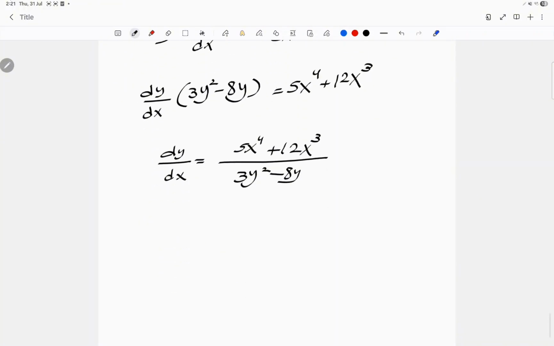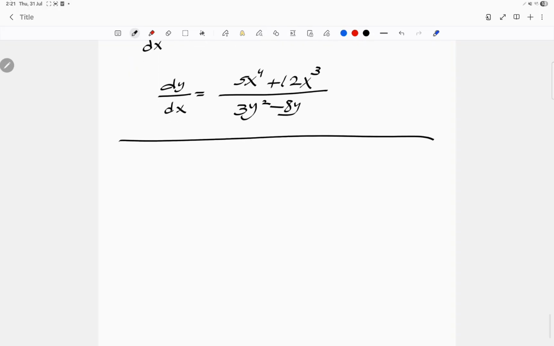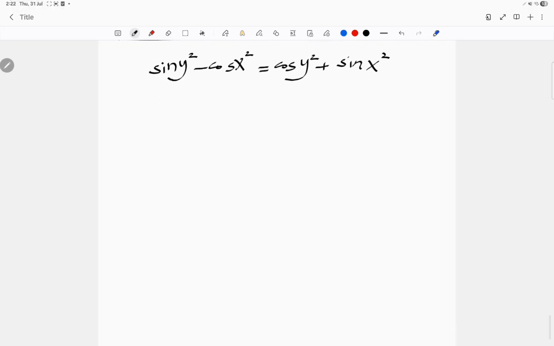Let's do another one. So sine y squared minus cosine x squared is equal to cosine y squared plus sine x squared. So the sine becomes cosine upon differentiation.